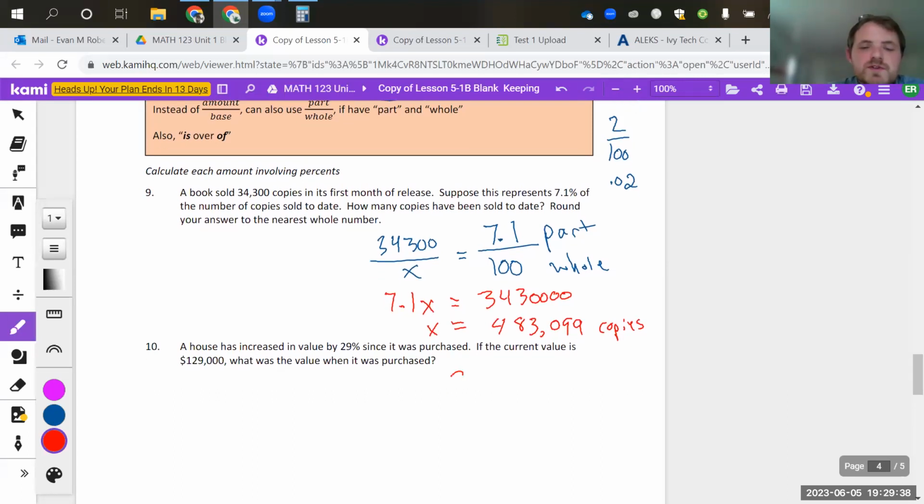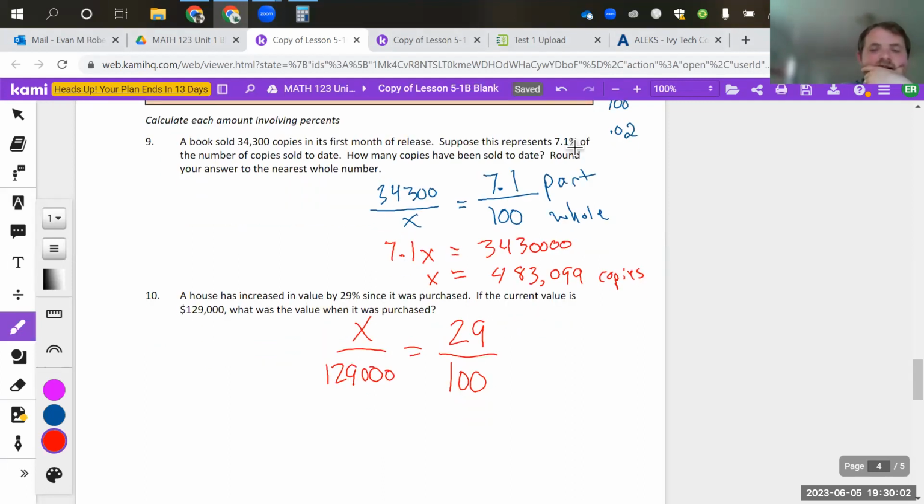So if we do the part over whole, 29% over 100 would be X over 129,000. And when we cross multiply, the only hard part sometimes with these setups is you have to understand what's happening, which you'll see why I'm saying that in a second.